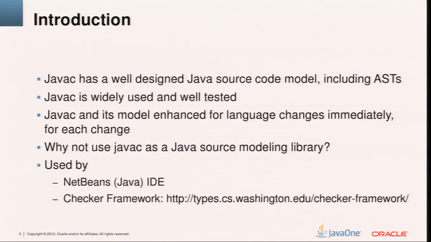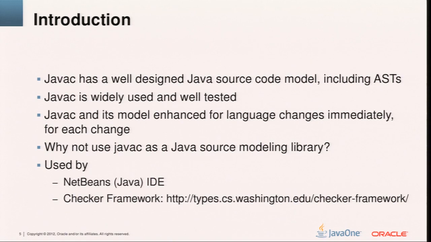When you are looking for a good Java model, there are generally two options. You can create your own model, or you can use some existing models and parsers. So why not use Javac?